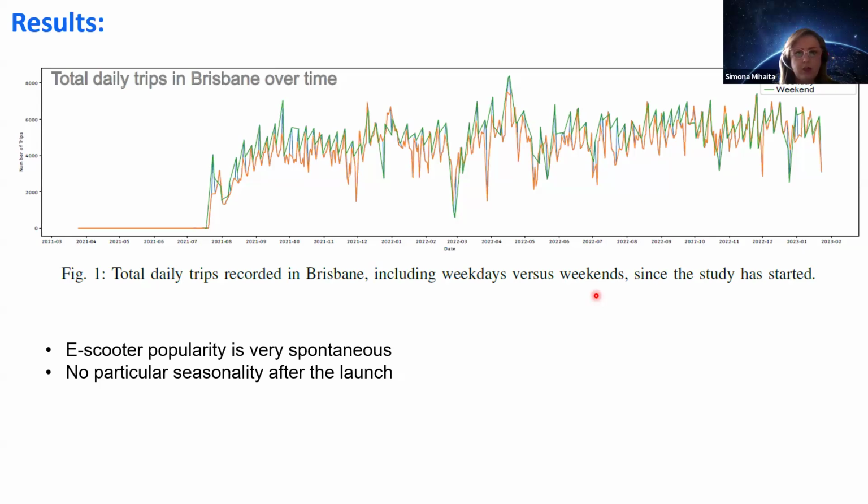It was hard to extract any seasonality. A lot of people were probably using it on and off, maybe for curiosity, maybe to explore specific locations, but not really as an integration into their daily activities.